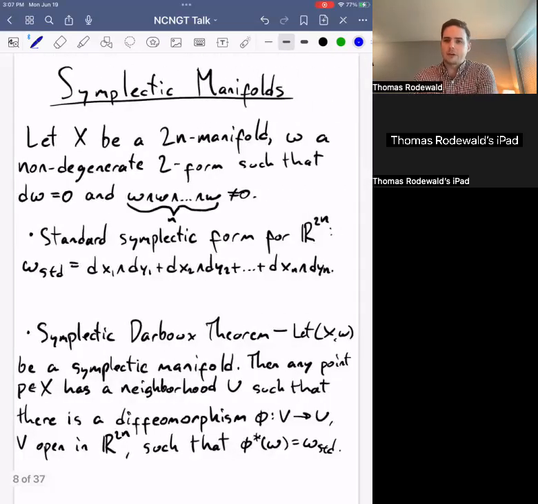And just like for contact structures, we have the symplectic Darboux theorem, which again tells us that all symplectic manifolds locally look like R^2n equipped with the standard symplectic form.